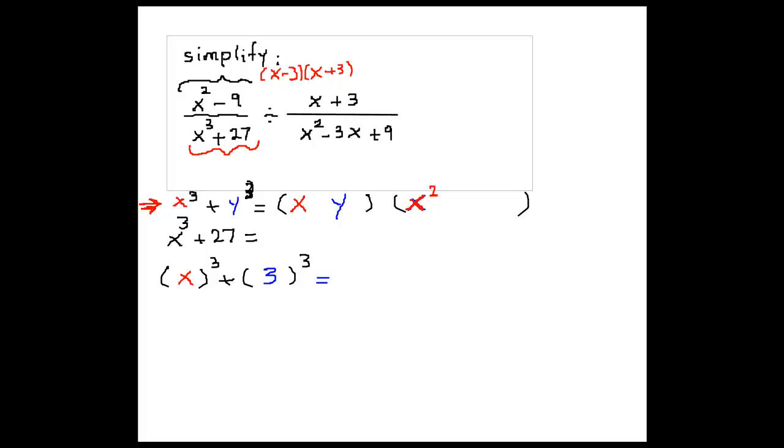We square the first term, and then the middle term would be xy, first term times the second term, and this last term would be the second term squared, which is y squared. And then if the first parentheses sign is positive, the signs alternate between plus and minus in the second one. So this one would be minus, this would be plus.